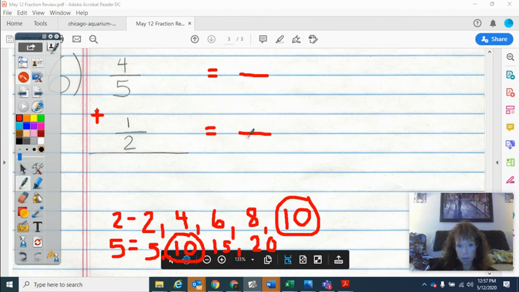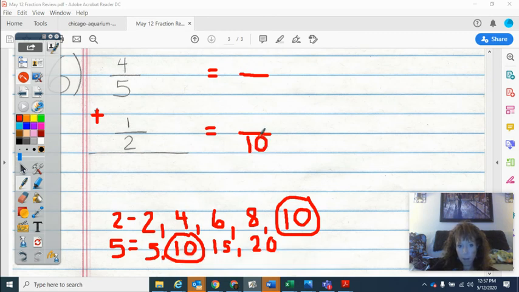So I'm going to change 1/2 into something over 10. And I'm going to change 4/5 into something over 10. But I'm still keeping these fractions equal, not changing the value.